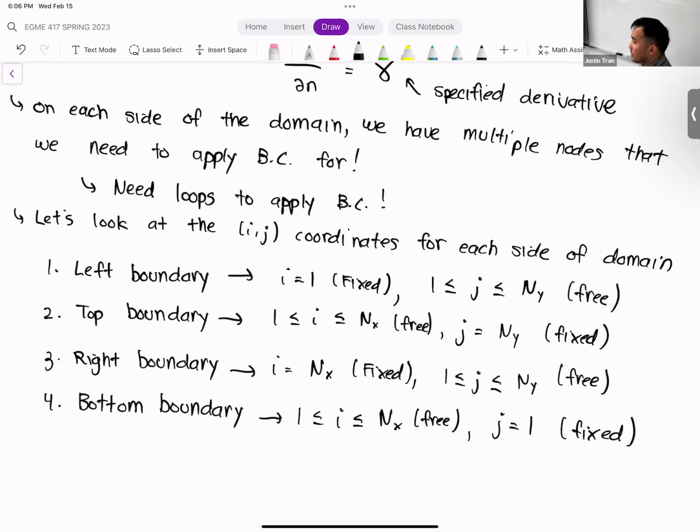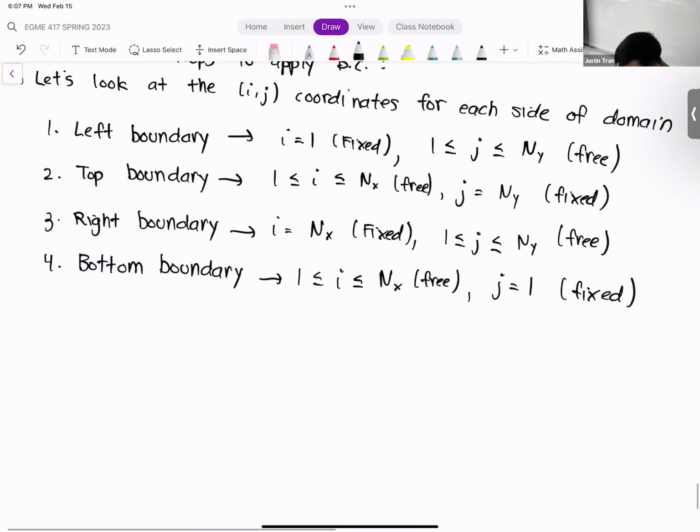All right, any questions on this? All right, so let's implement this, and let's see how we actually write the code for applying these boundary conditions. Okay, let's do an example.